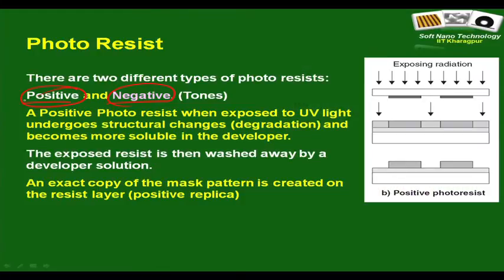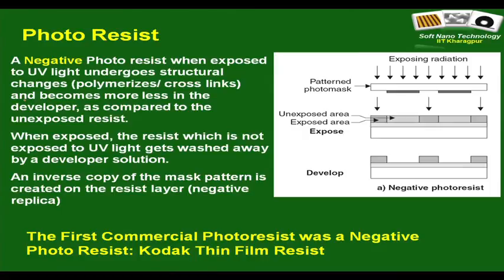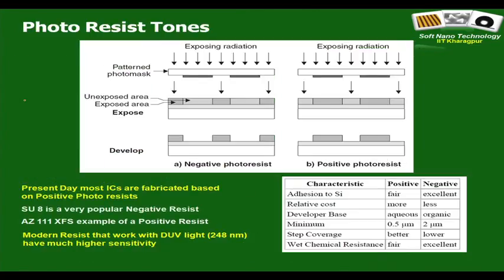So, you can just read these things, and there are certain comparisons about, let us say, the competitive properties between a negative and a positive resist. This is for your information, and these are not very important things, because you can always refer to the manual or the internet and get an idea about the individual properties.